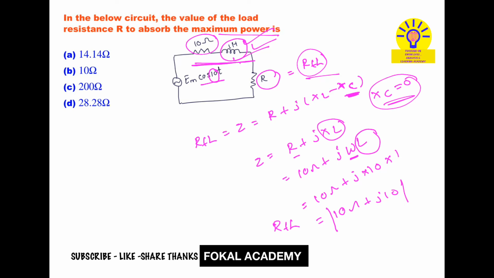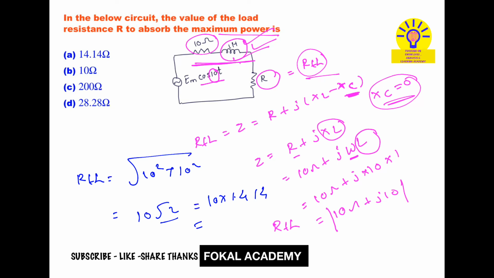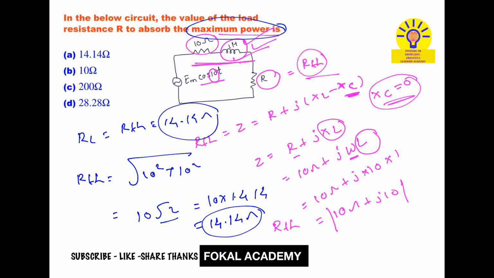So RTH is equal to root of 10 square plus 10 square, that's equal to 10 into root 2. Root 2 value you know is 1.414, so that is 14.14 ohms. So the maximum power transfer will take place when the load resistance is equal to RTH, that is 14.14 ohms. Whenever the load resistance is 14.14 ohms, then maximum power transfer takes place. From the options, the matching option is the correct answer.